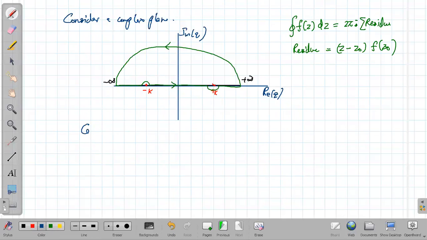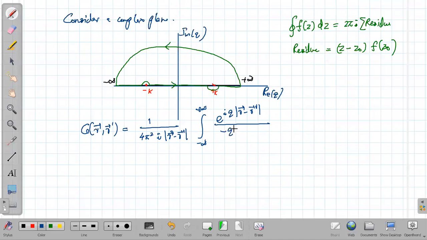If you look at the Green's function, g of r comma r prime, which is 1 upon 4 pi square I times modulus of r minus r prime, integral from minus infinity to plus infinity e raised to iq modulus of r minus r prime over k square minus q square, times q dq.